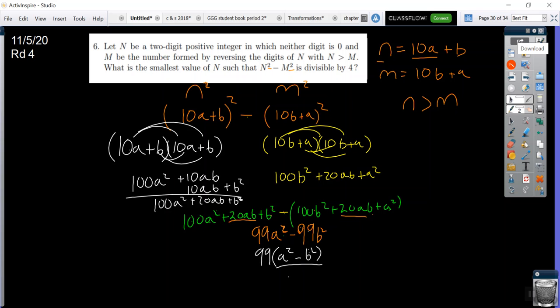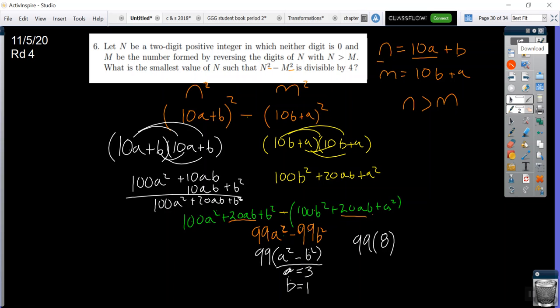So if a is equal to 3 and b is equal to 1, then I will get something that's divisible by 4, because that would mean that we'd have 99 times 8, and 8 is divisible by 4.